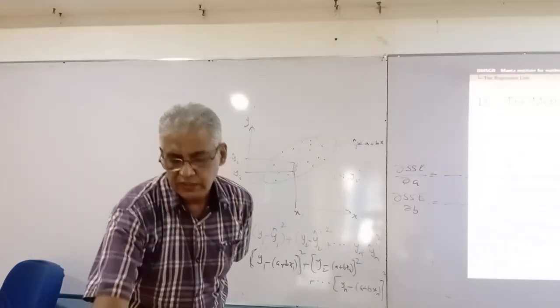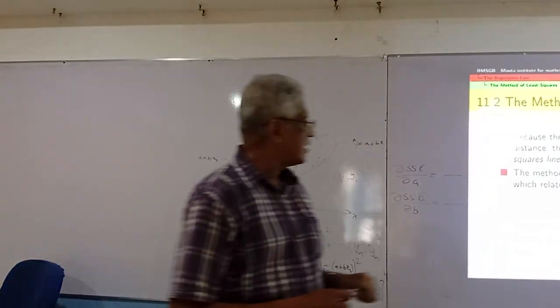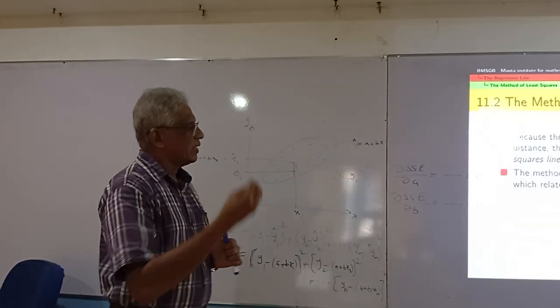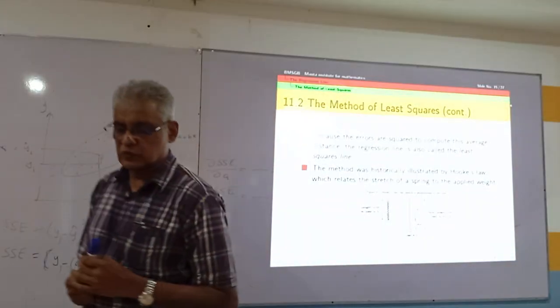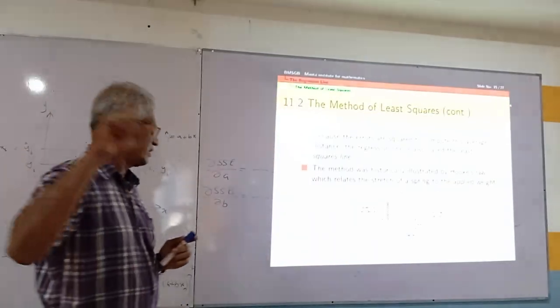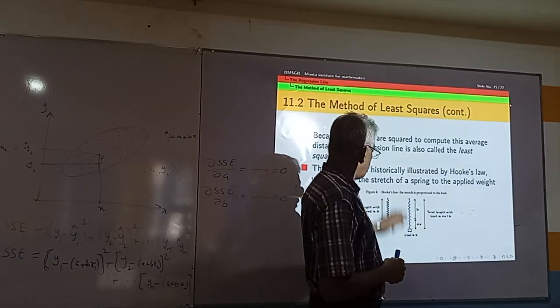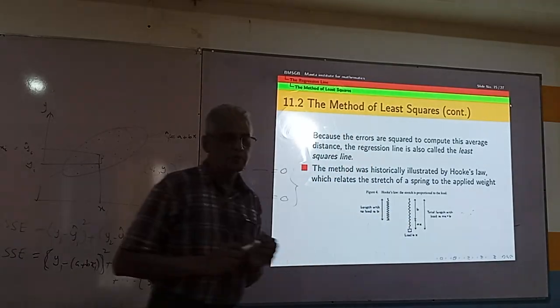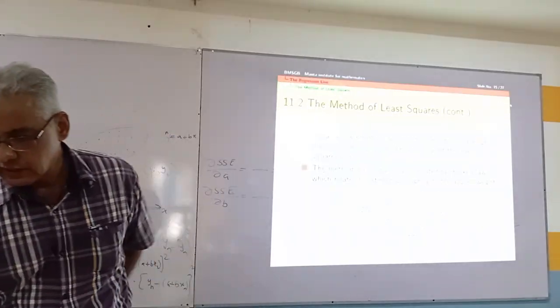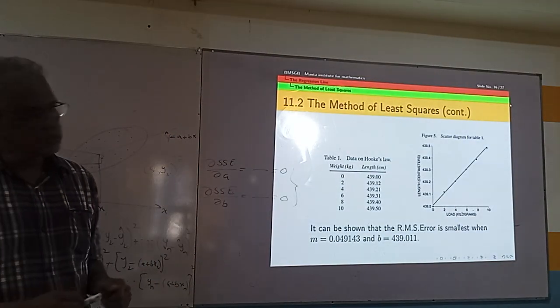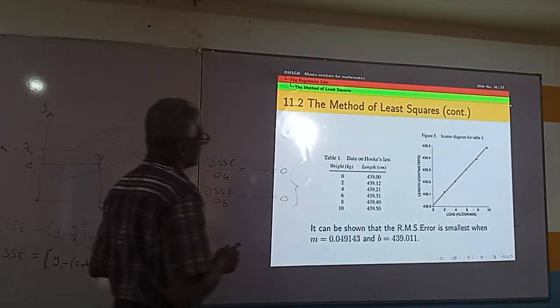So if you look at this particular example that somebody has done by adding some weights to a string and seeing how much it stretches, starting with some length of a string and then adding different weights. They have measured the total length after adding that. So they have got some data like this.